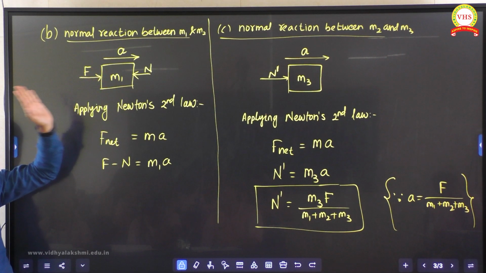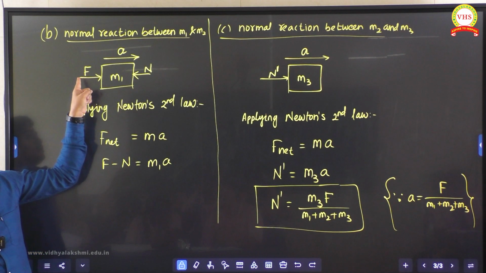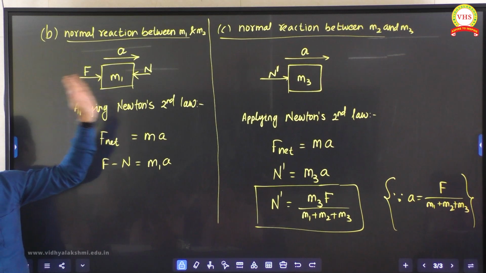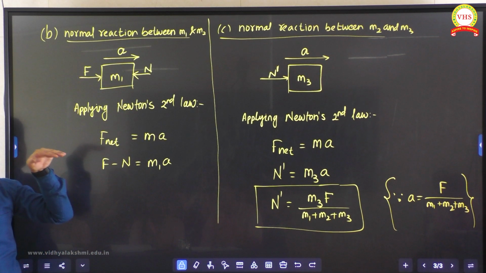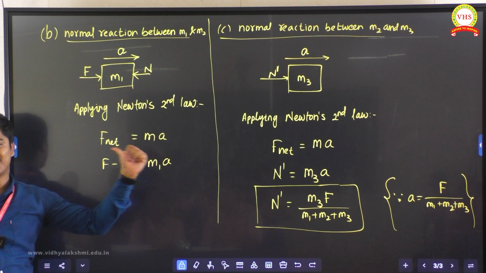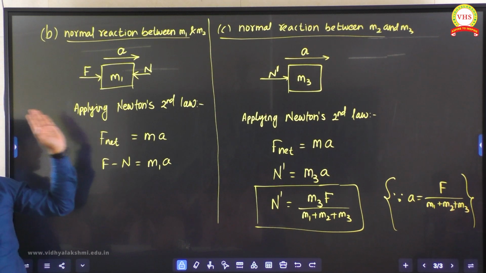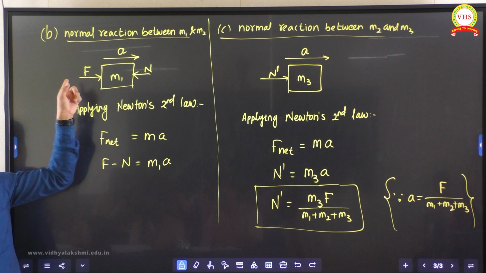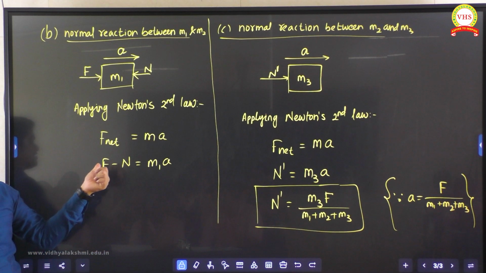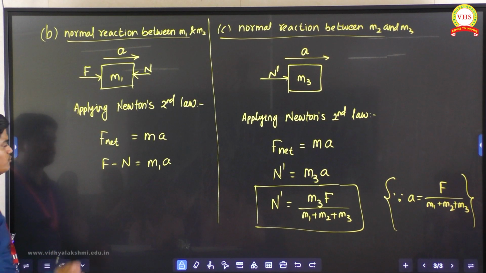This object is moving toward the right. Capital F is responsible for that, because capital F direction is towards right, but capital N direction is towards left. So who is responsible for rightward motion? Capital F. That means capital F has more magnitude. So larger force minus smaller force equal to net force.